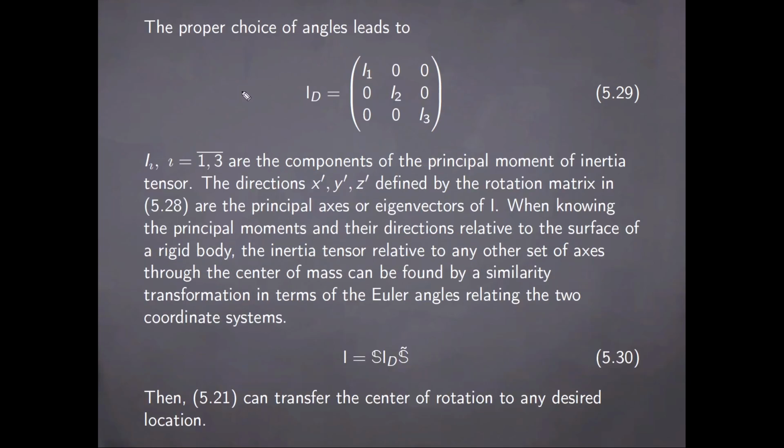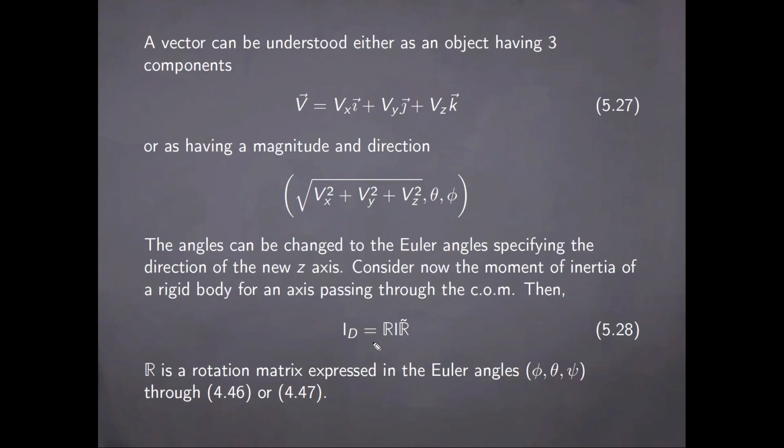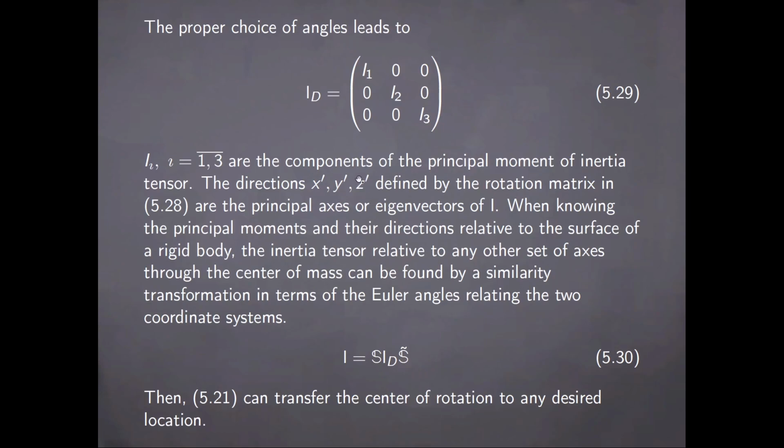If the angles are properly chosen in that rotation matrix, then through the similarity transformation here, we obtain the diagonal form of the inertia tensor. These three diagonal components are the components of the principal moment of inertia tensor.